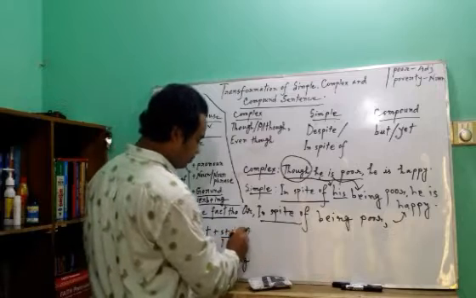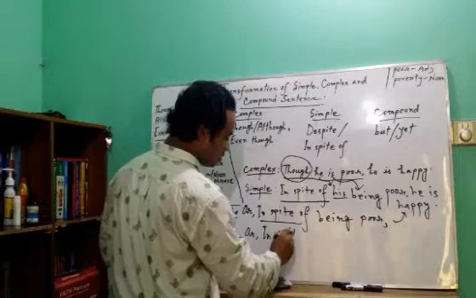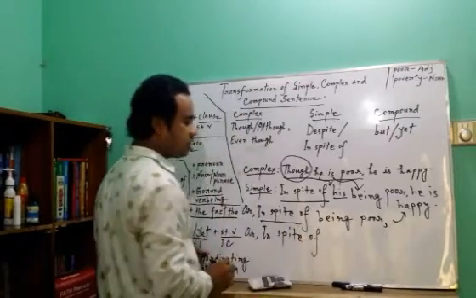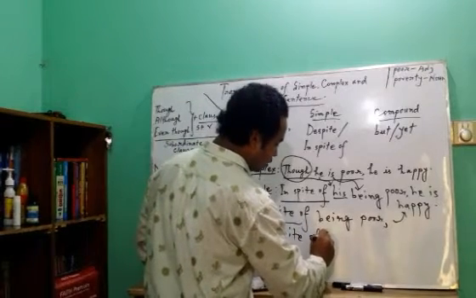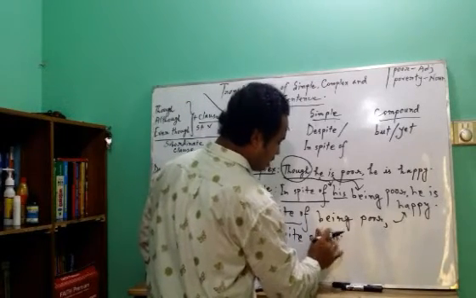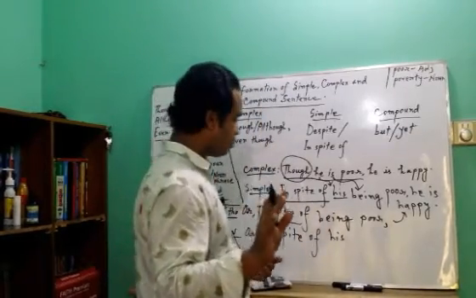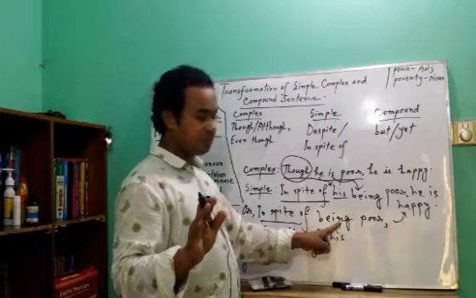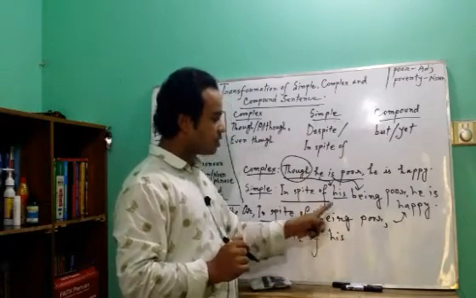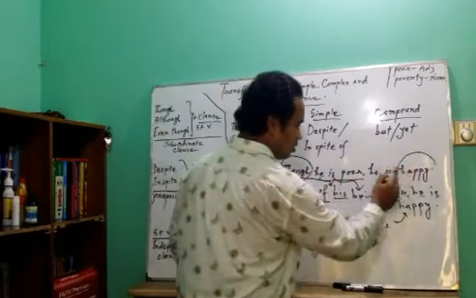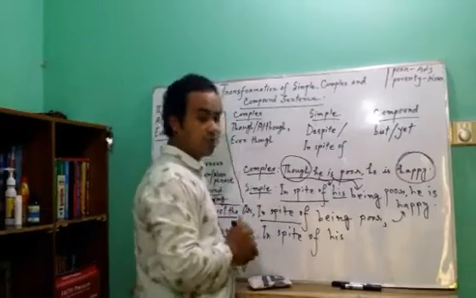Then, in spite of his, now we are not using be verb. We are not using be verb, as this is a possessive adjective. So it should change into noun form.